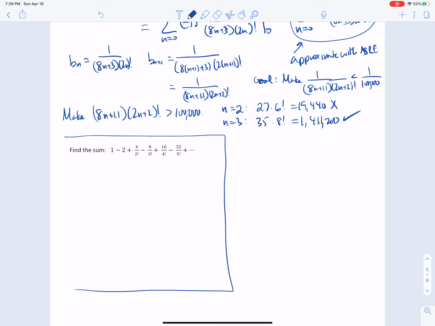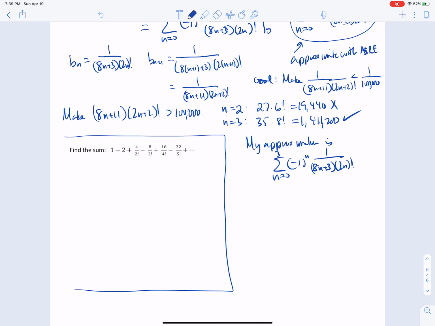So what I wind up getting is my approximation is the summation n equals 0 to 3 of minus 1 to the n, 1 over 8n plus 3 times 2n factorial. And so that's the approximation to the integral to within 1/100,000th.